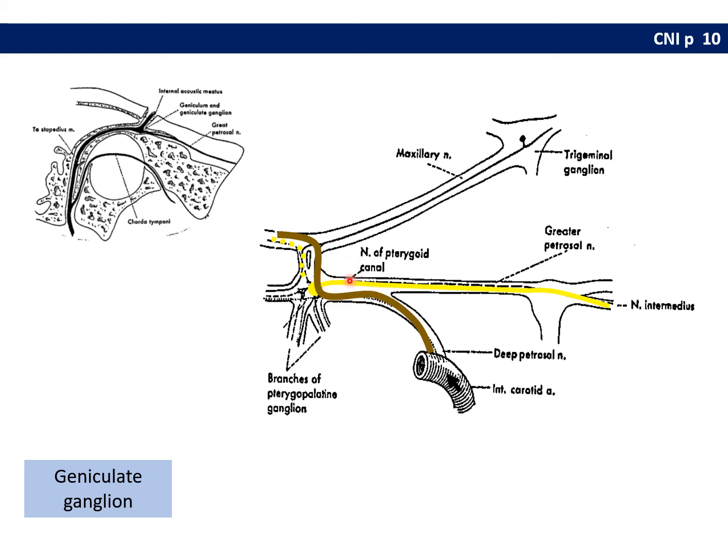Now, those sympathetics do not synapse in the pterygopalatine ganglia. That is a parasympathetic ganglia. The sympathetic fibers just travel on through that ganglia in order to get to their target.